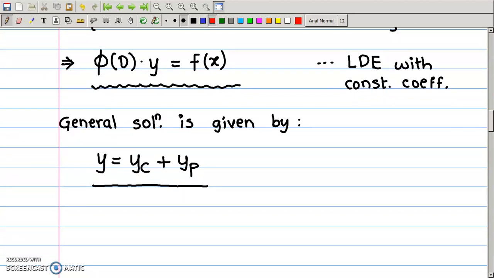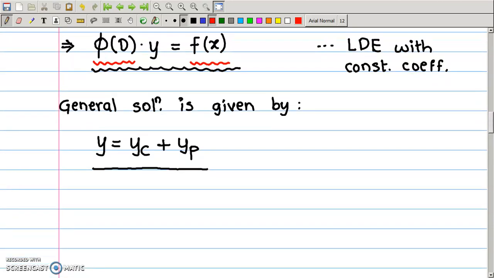First one is this polynomial, which is known as the auxiliary polynomial, and the particular function f of x specified in the differential equation. So with respect to the solution, the dependent variable y depends upon these two factors. First one is the auxiliary equation and second one is the specific f of x defined in the problem.